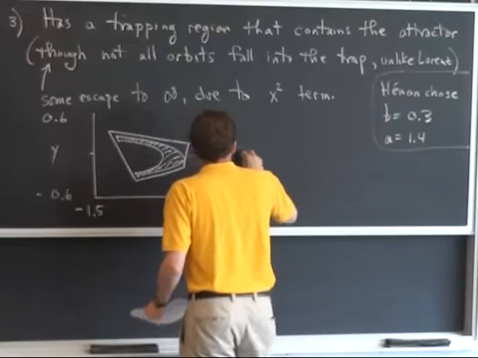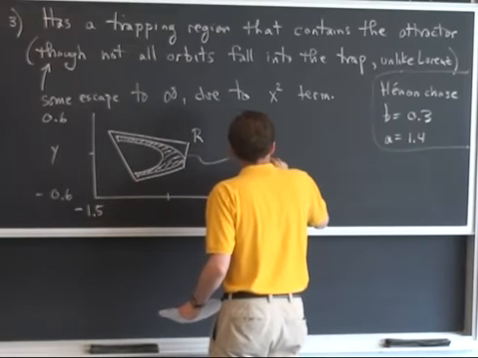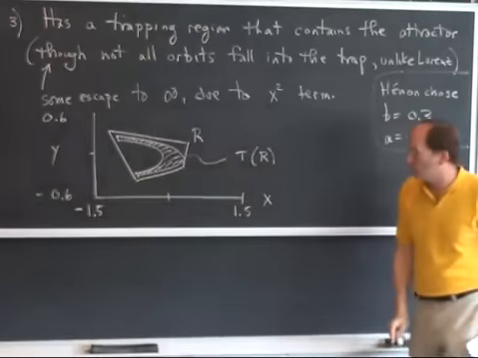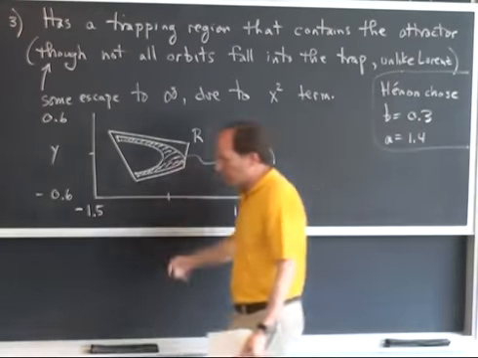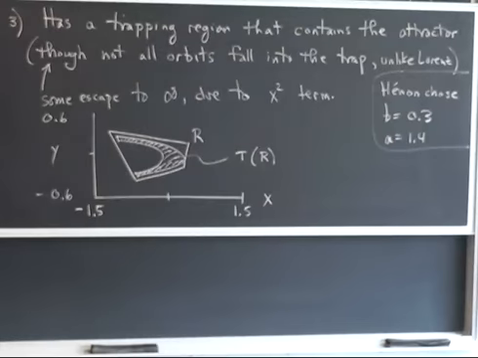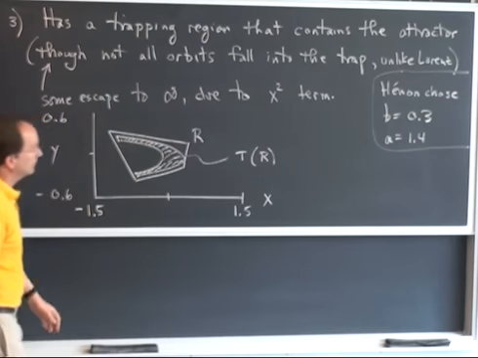This is the image, T, the transformation applied to R, is that boomerang shape, and it sits inside R itself. So you map R into itself, into this shape, and we'll see that when we run the computer simulation in a couple minutes. But anyway, R does get mapped into itself, and in that sense, once you're inside of R, you can't get out.